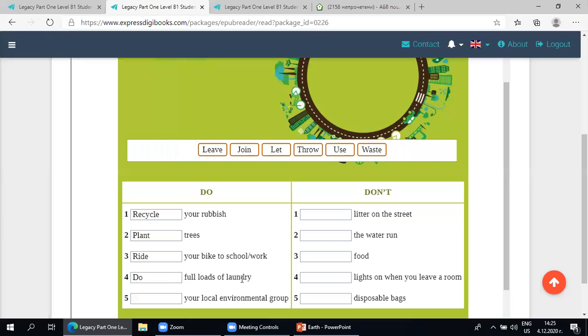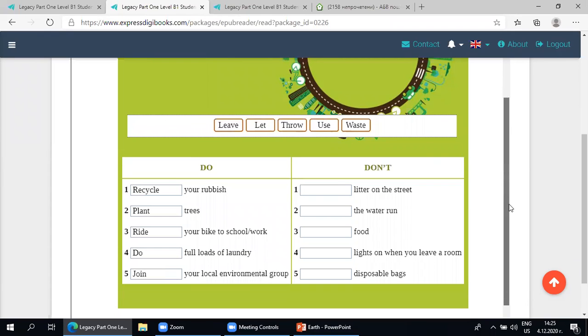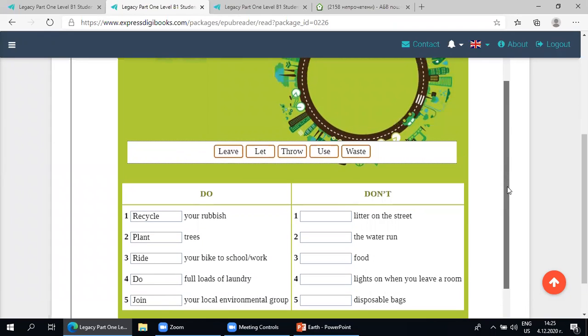If we do full loads of laundry, we will save energy. Yes, electricity, that's right. And the last one? Do join your local environment group. Yes, it's important. As a society, we can exchange some ideas and be a good example for the others.